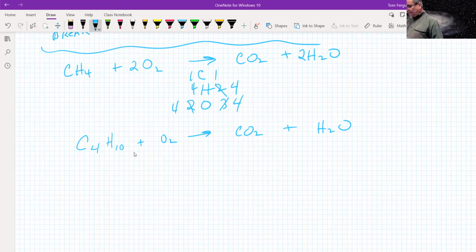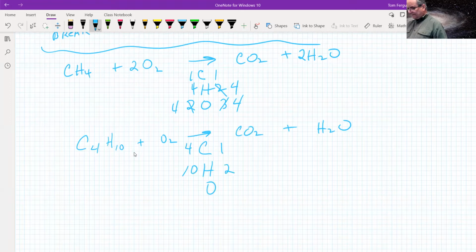Okay, we need to do inventory. C, H, O. Carbon is 4 on the left, 1 on the right. So right away we have an issue. Hydrogens, 10 on the left, 2 on the right. Oxygens, 2 on the left, 3 on the right. So this thing is all messed up.